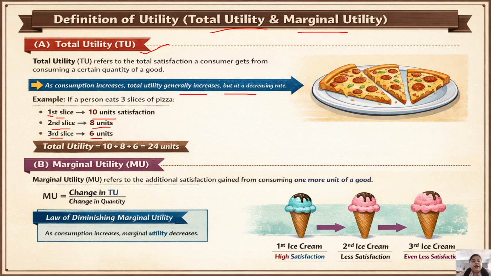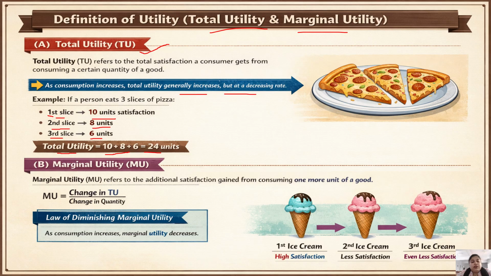Total utility is the total satisfaction a consumer gets from consuming a certain quantity of a good. So here we add the first, second and third slices, that is 10, 8 and 6, and we get 24 units. Total utility generally increases but at a decreasing rate.